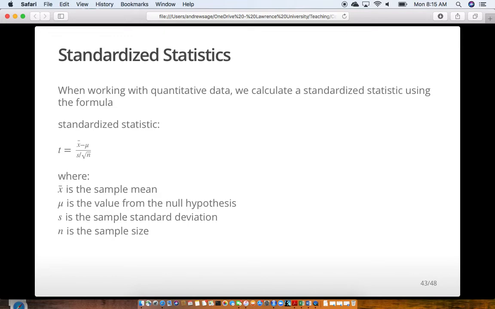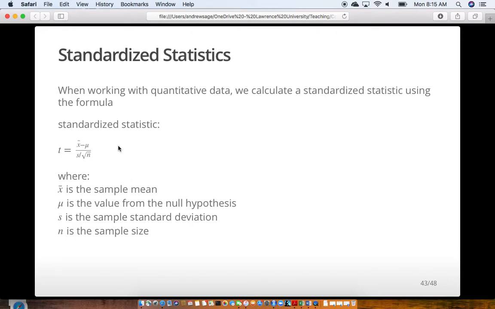Instead, we'll rely on a theory-based calculation similar to what we saw for z-scores in the categorical situation. Just like with categorical variables, assuming that it's reasonable to think that our distribution is roughly symmetric and bell-shaped, we can calculate a standardized statistic.